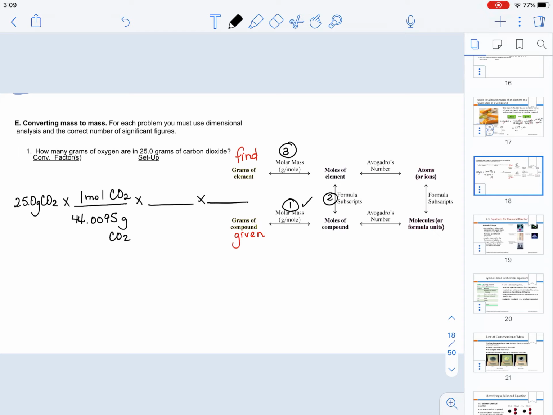I'm done with the first conversion. Second conversion, the formula subscript. I'm going to establish that in 1 mole of CO2, I have 2 moles of oxygen.